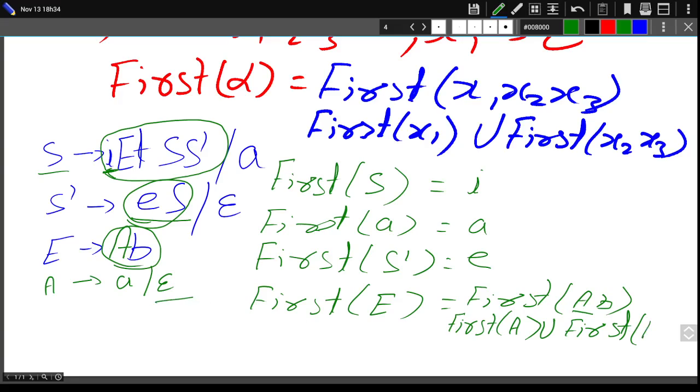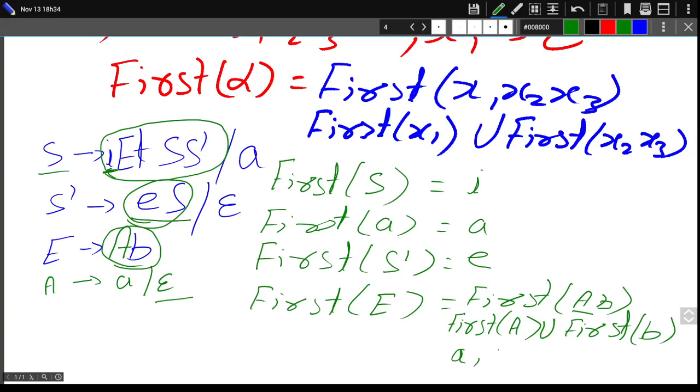So first of remaining part. First of A will give you A as well as epsilon, right? Union first of this part. This is B, right? So this is how you try to find this first function.